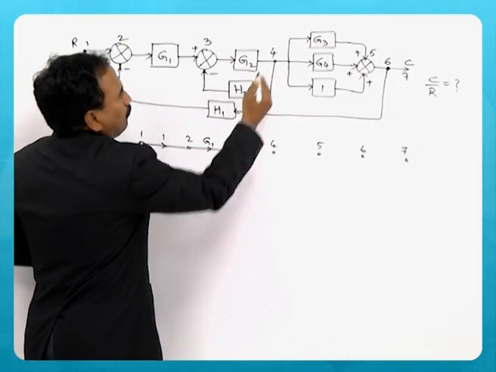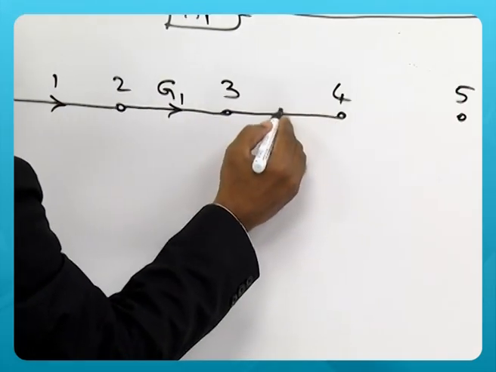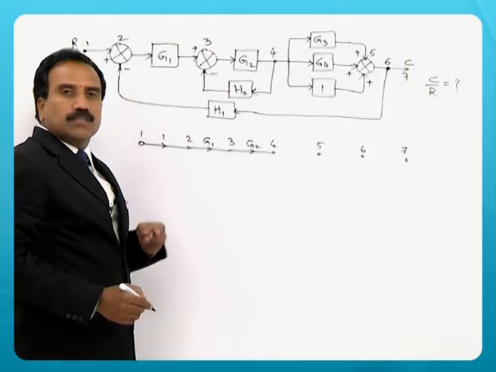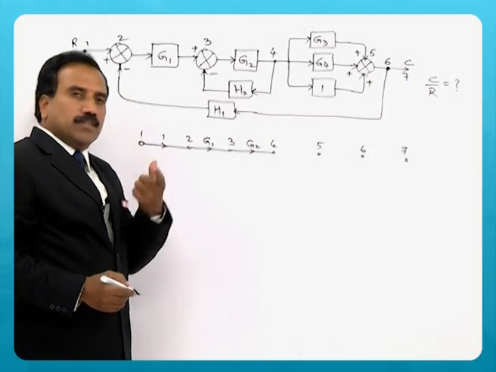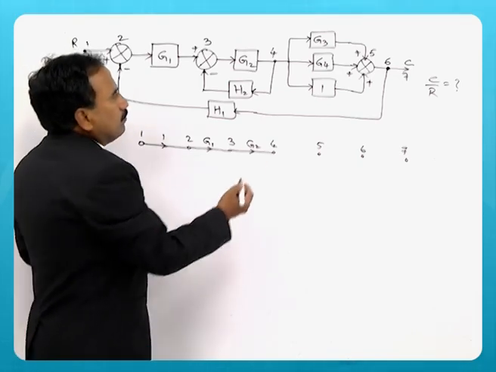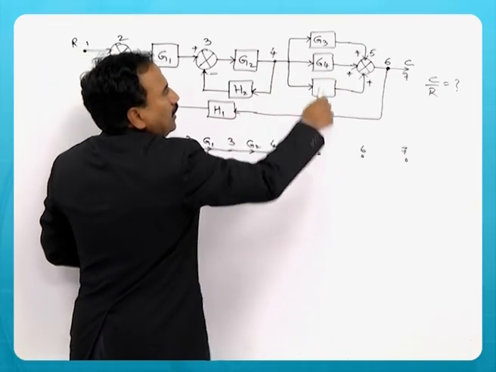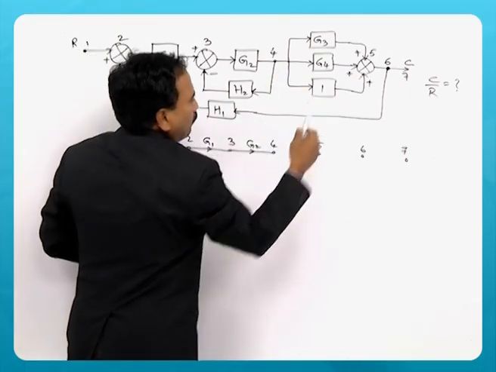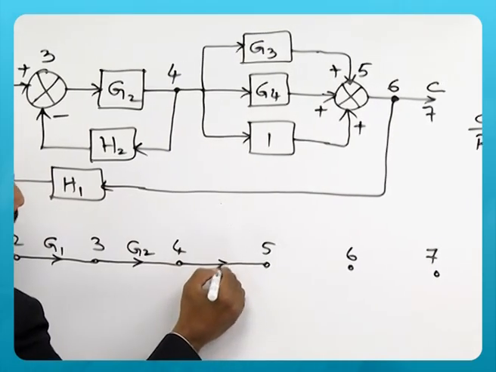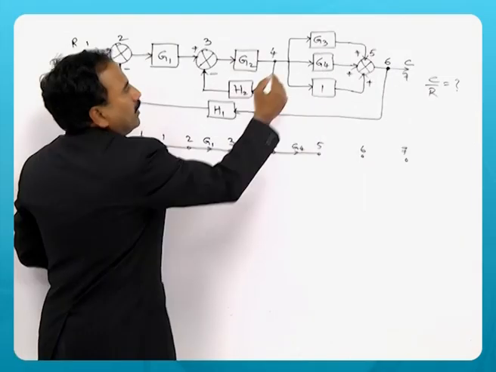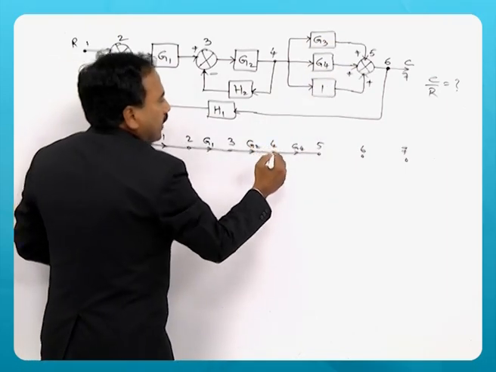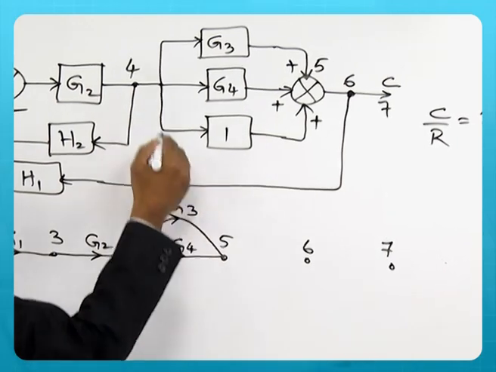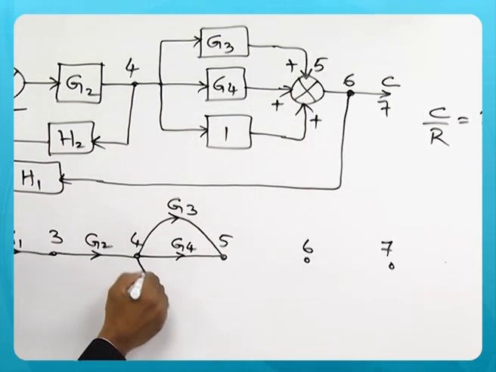Now between 3 and 4 there is a block again G2, represent on the top of the arrow gain of that particular branch. Between 4 and 5 there are 3 parallel paths. So one is G4, so we represent that G4, and there is another path via G3 connecting 4 and 5, and via 1 there is another connection.